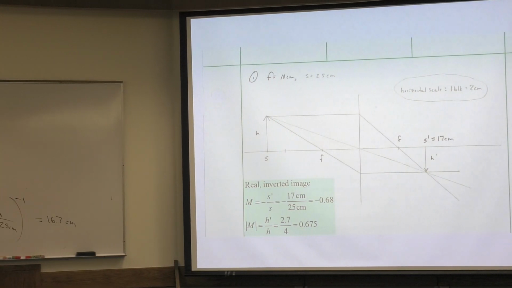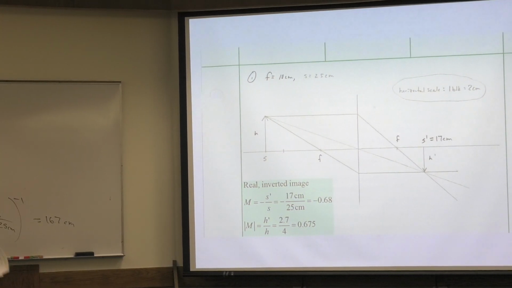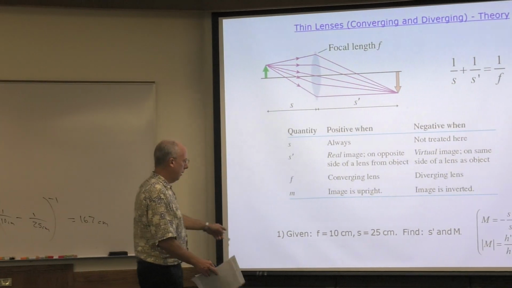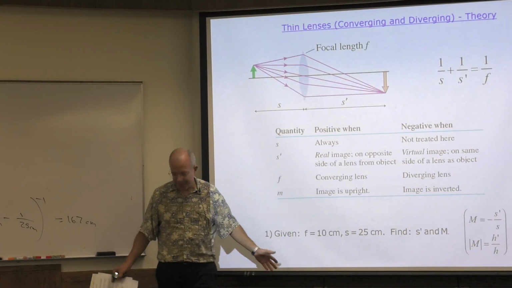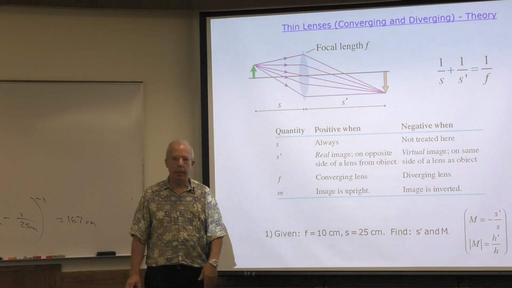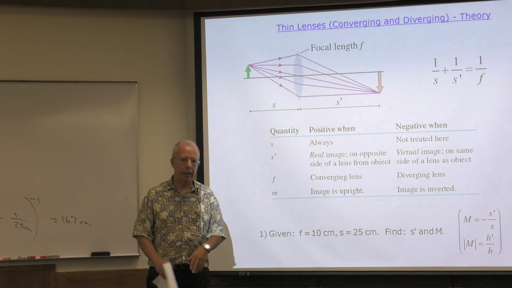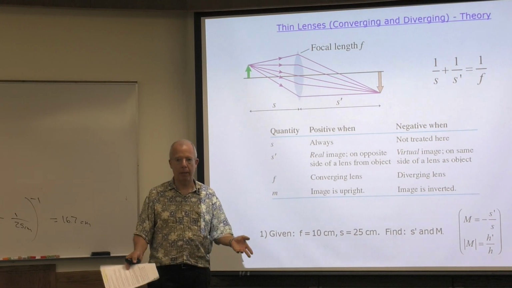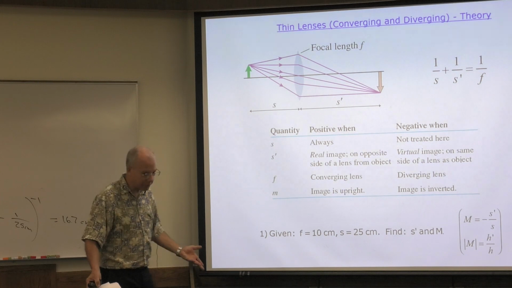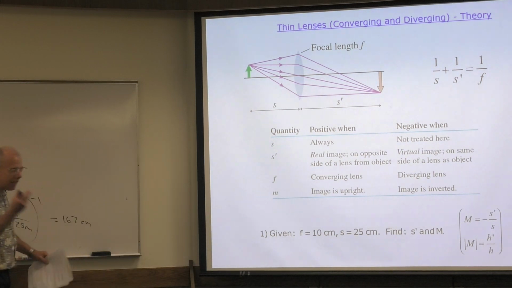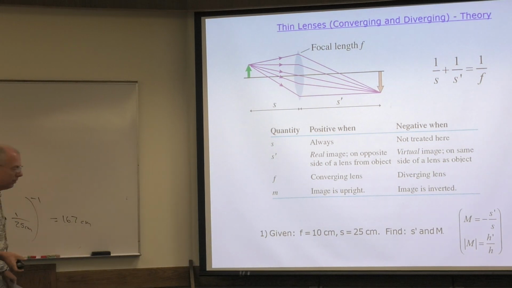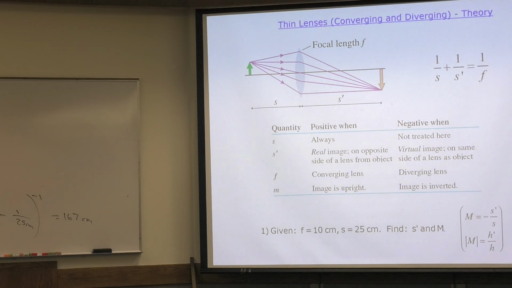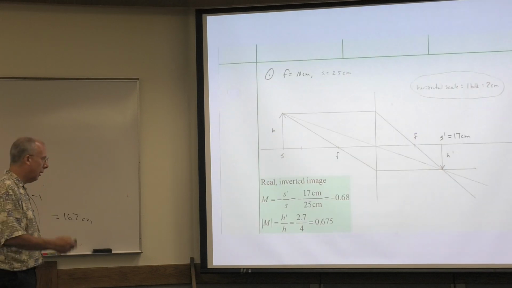If I had a test question like this, I would want to get it right. So I would draw the ray tracing, and then I would do the math. If they agree, then I feel I probably did it right. If they disagree, well, obviously I did something wrong. So it's nice having two ways to solve a problem, and neither way is all that difficult. So I would just always check.